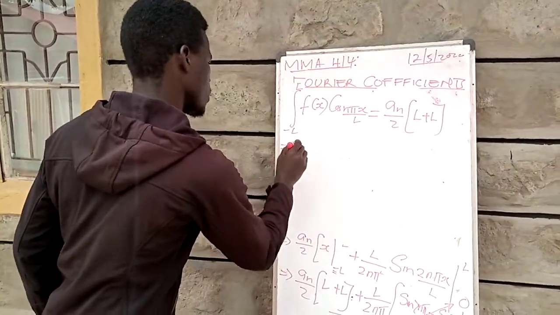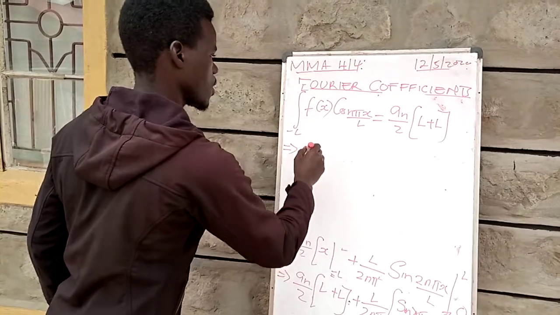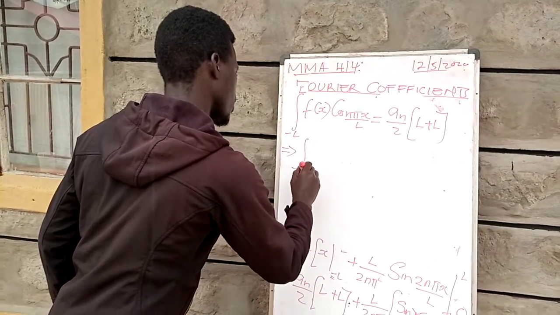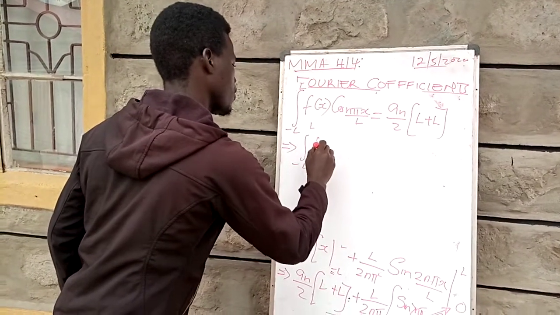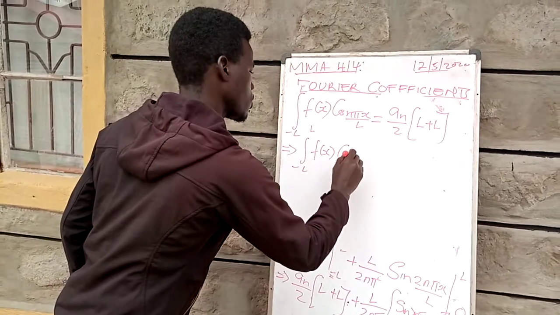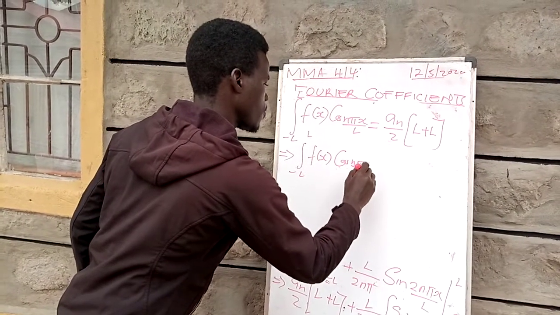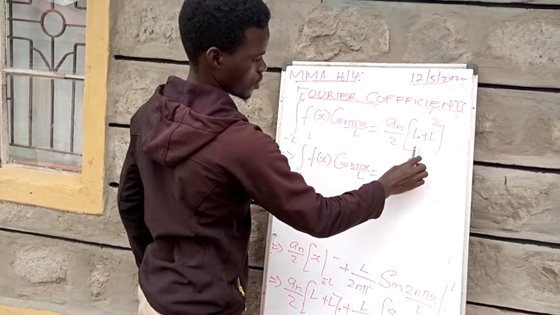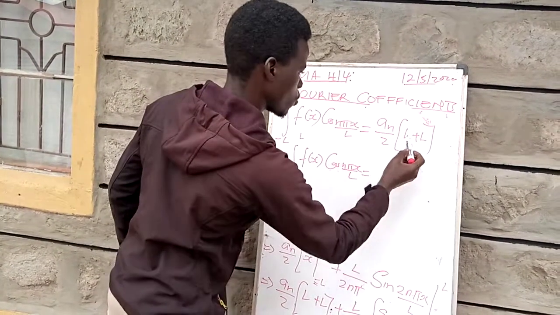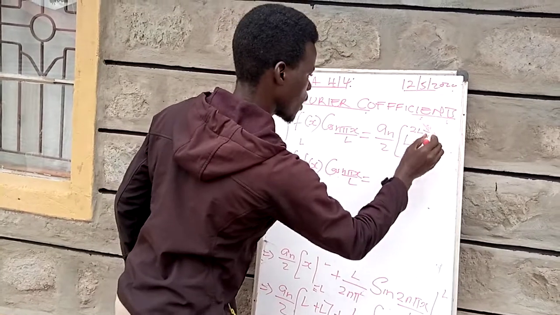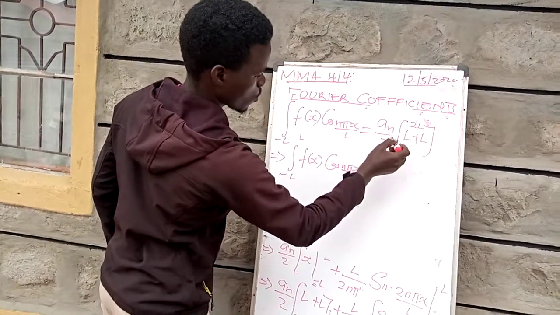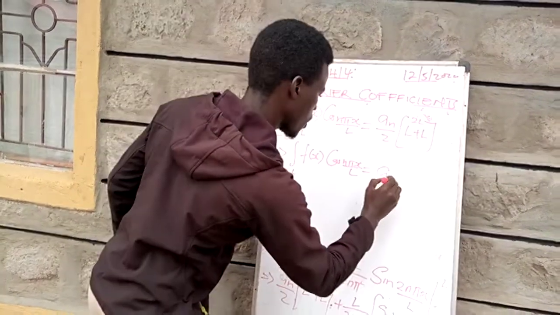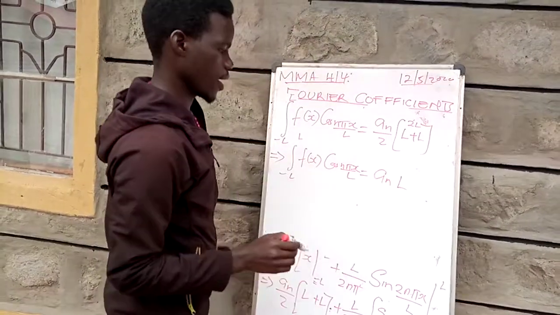So this implies that the integral from negative L to L of f of x cos of n pi x over L equals what? It is twice: L plus L is 2L. So 2L will cancel with the 2, so that you remain with a n L.